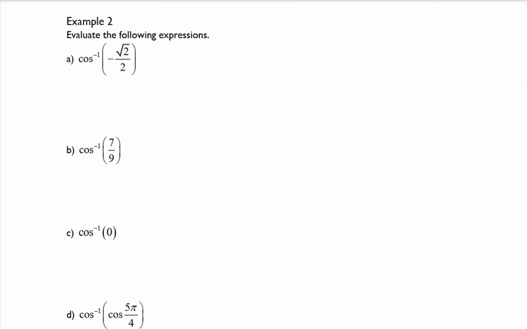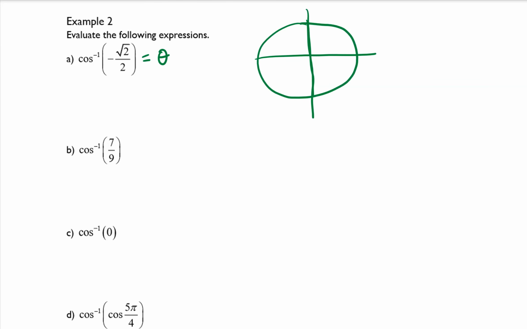Example 2a asks us to evaluate the expression cosine inverse of -√2 divided by 2. And so this is some angle theta, and I am going to refer to a quickly drawn unit circle. And I know that there are two places between 0 and 2 pi where the x value of the terminal point would equal -√2/2.